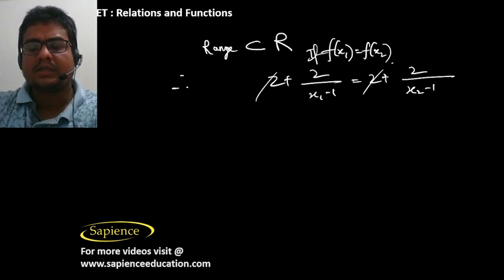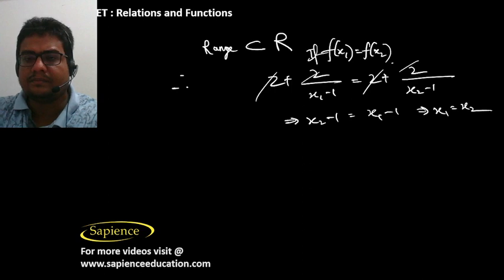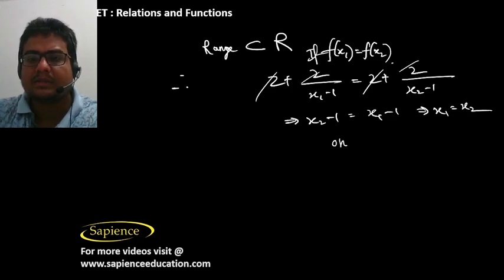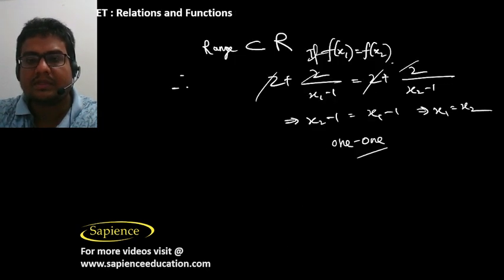So 2 and 2 will get cancelled, and 2 and 2 will get cancelled. Then x2 minus 1 will be equal to x1 minus 1. So x1 will be equal to x2. So it is a 1-1 function. That means that it is injective. It is injective but not surjective.